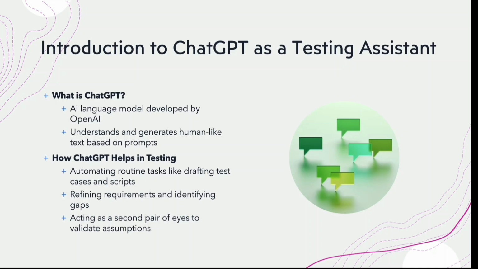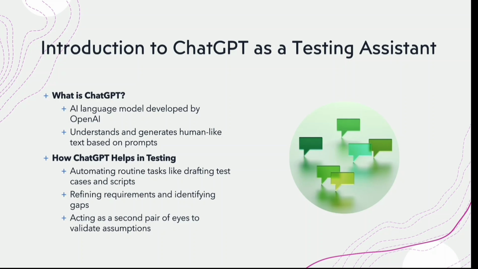So you have to write the test cases from scratch, and then you can use ChatGPT for tuning. It also helps to refine the requirements and identify gaps in the requirement, and it will suggest some enhancements.